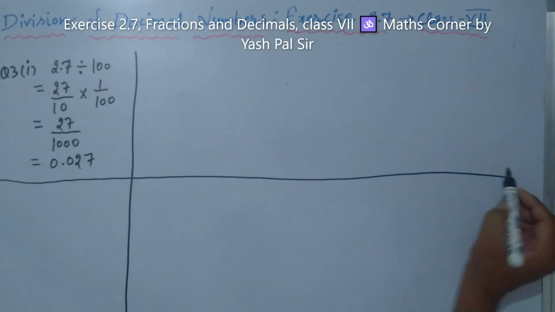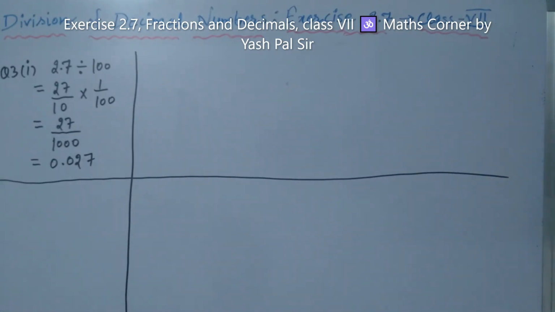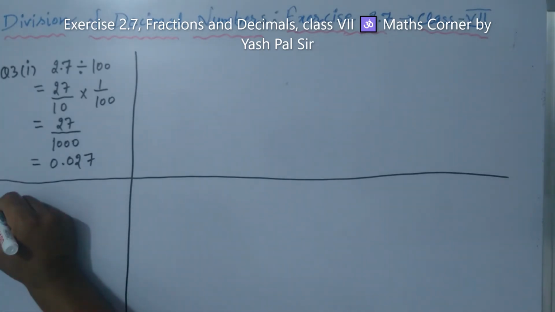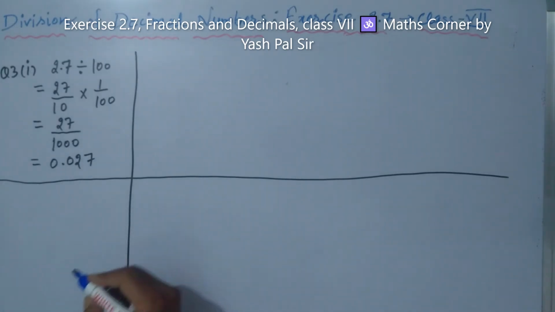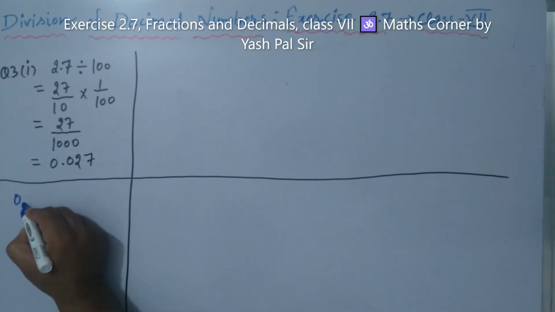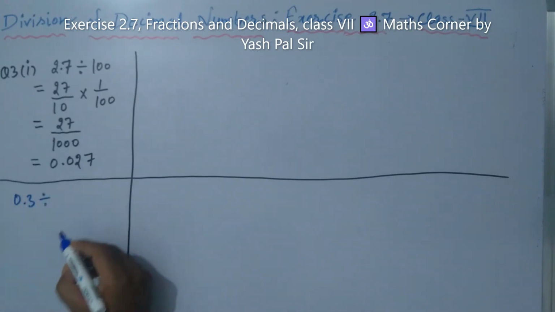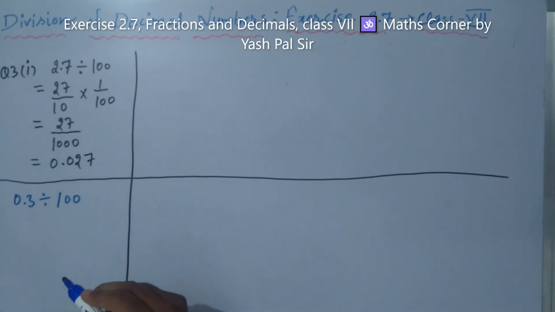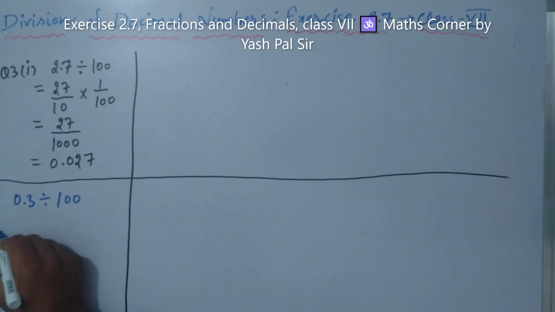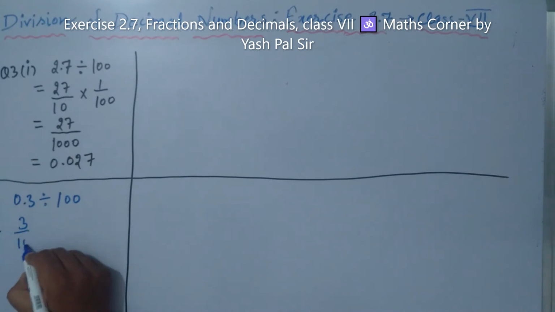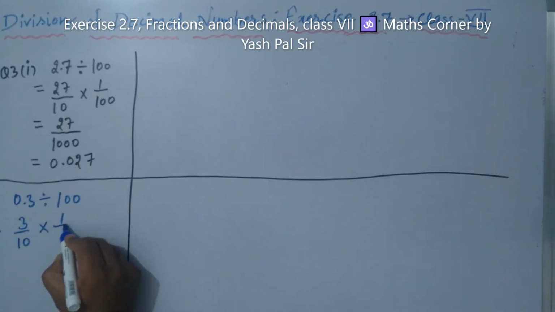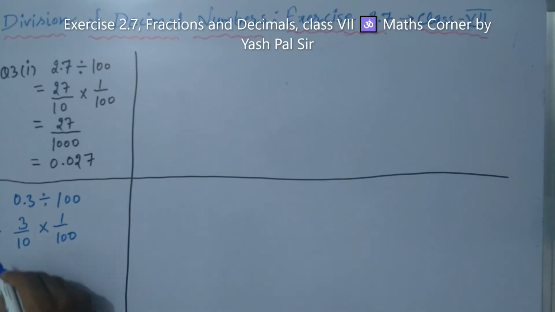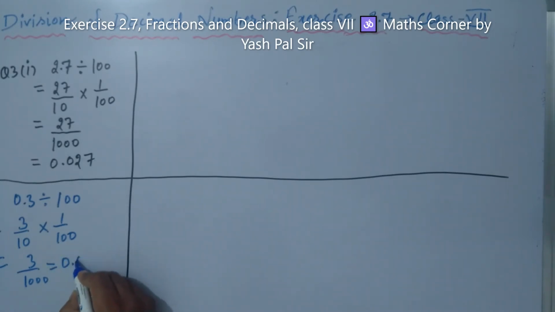Now coming to the second part of question number 3, 0.3 divide 100. Here it is equal to 3 upon 10 into 1 upon 100, meaning 3 upon 1000, which is equal to 0.003.